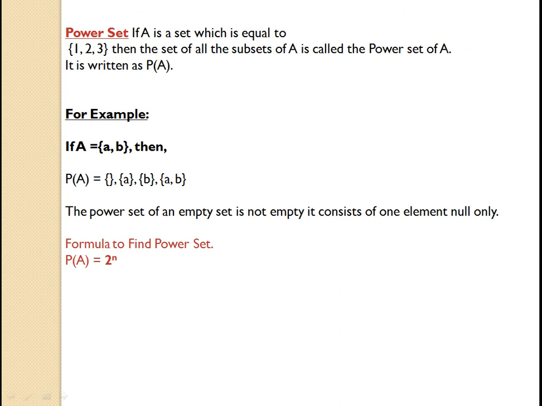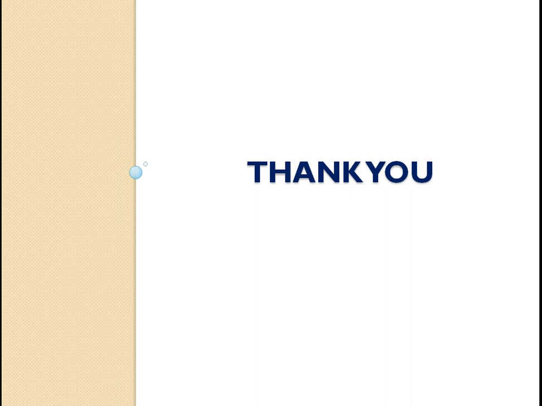The power set contains {a}, { }, {b} and {a, b}. The power set of an empty set is not empty; it consists of one element, the null set only. Okay, the formula to find the number of elements of the power set is P(A) = 2 to the power n.